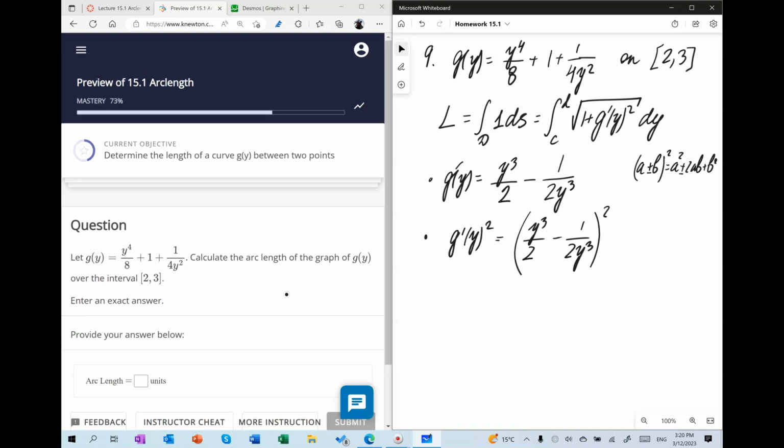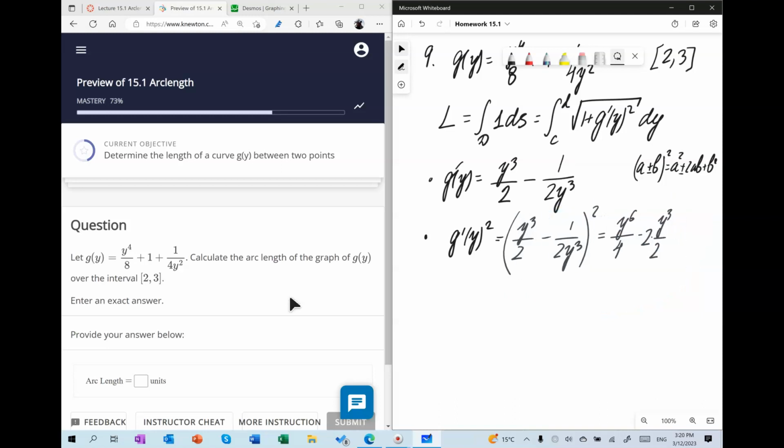And when there's a minus here, there's a minus there. And we're going to square it, so we're going to end up with y to the power 6 over 4 minus 2 times y cube over 2. I need to compress this, otherwise I'm not going to fit everything.